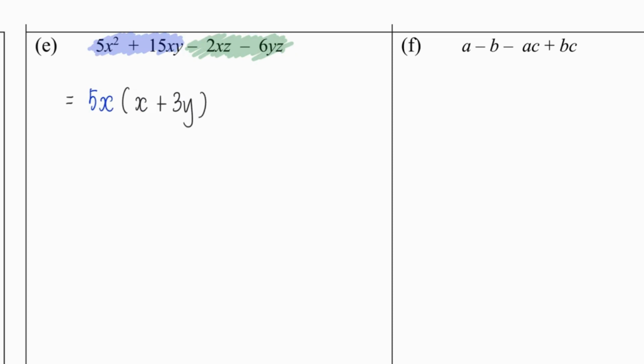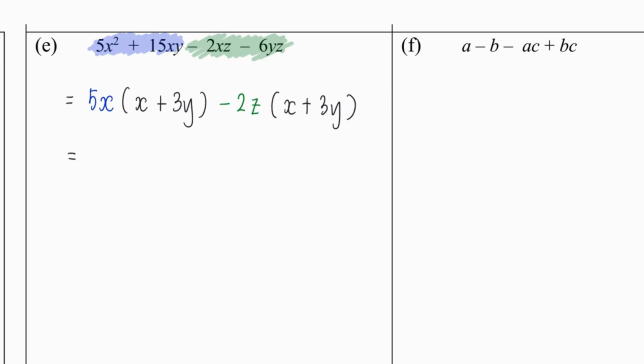I'm going to take out negative 2z, and I'm left with x plus 3y. This particular example is pretty awesome in the sense that we don't need to rewrite or apply the equivalent terms technique.